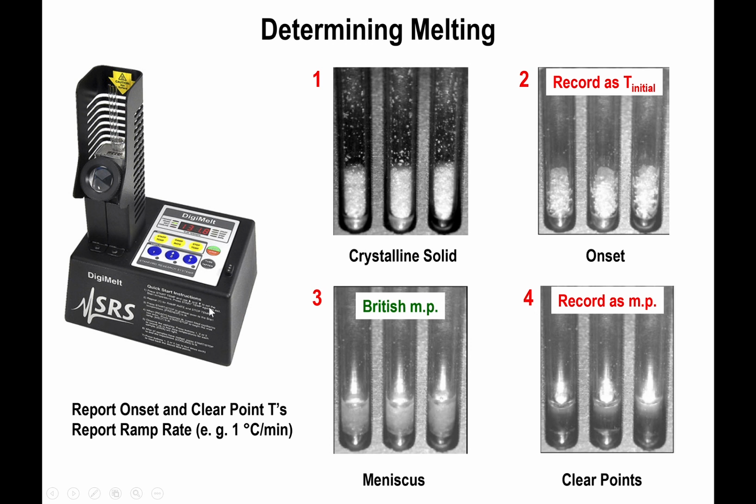And typically for this type of instrument, if you have the time, you use 1 degree Celsius per minute. That's the ramp rate for the temperature. So every minute the temperature will go up by 1 degree Celsius. Sometimes you could go a little bit faster, but the faster it goes, the less accurate your measurement is going to be.